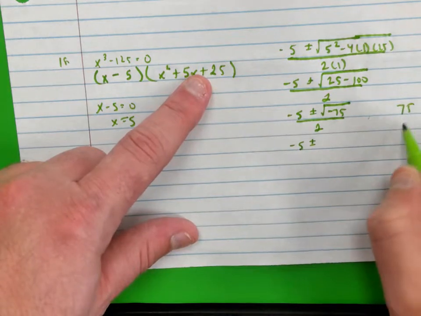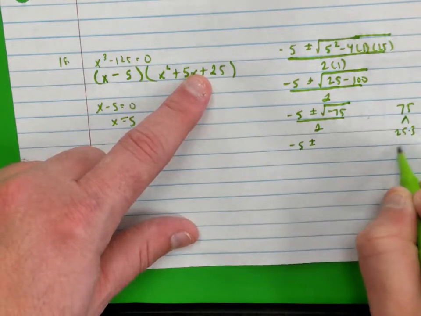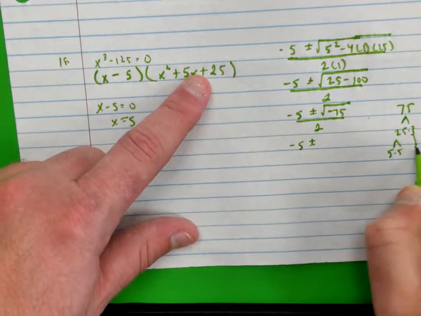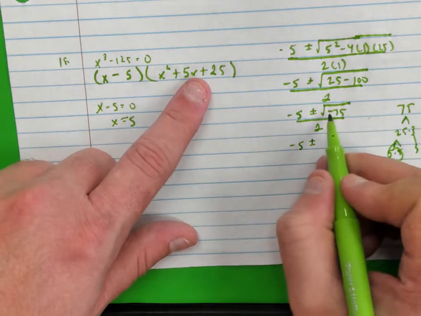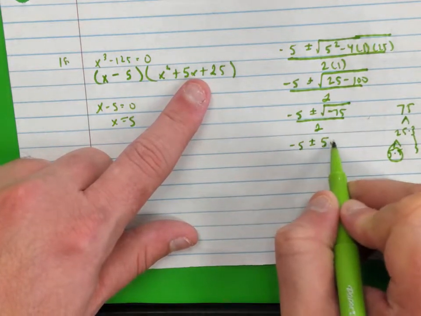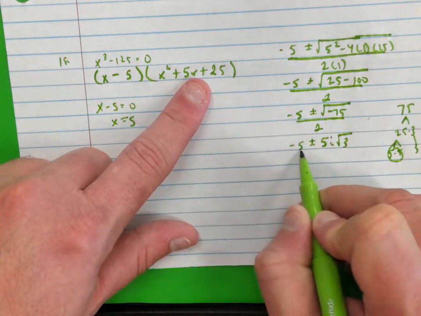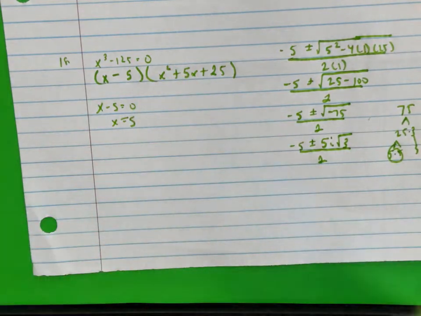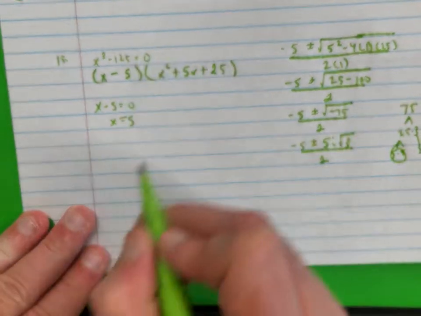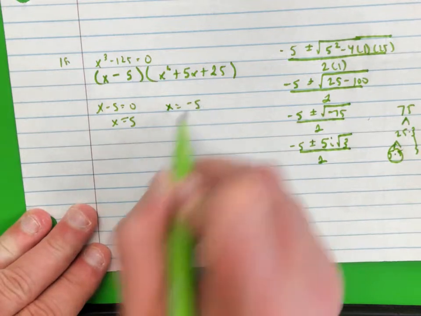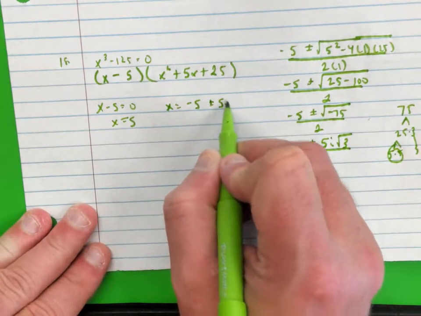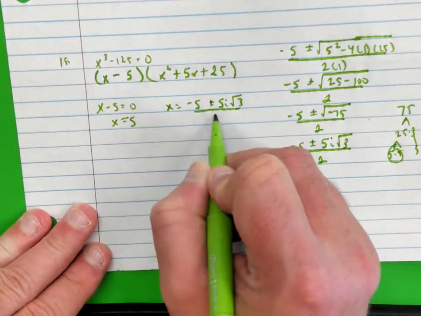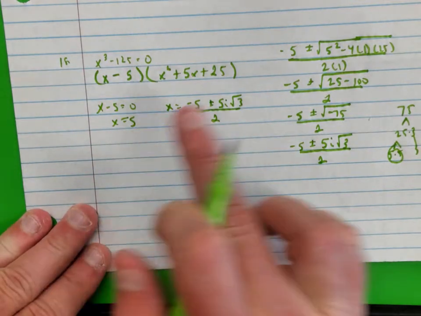I can break 75 down to 25 times 3. Have a group of 5s. How do I combat that negative under it? Bring a what out? Can I simplify that? No. So x equals negative 5 plus or minus 5i root 3 over 2. So I got 3 answers: 1, 2, 3.